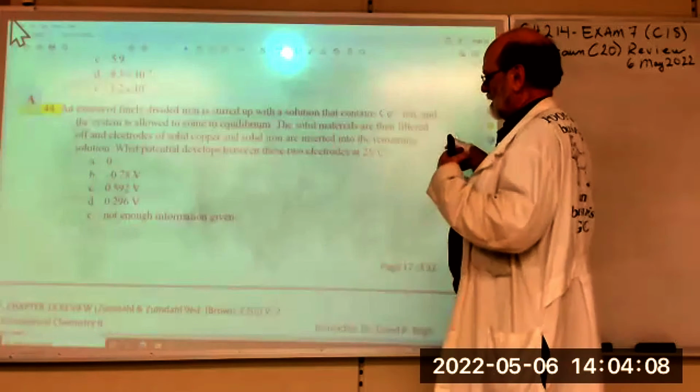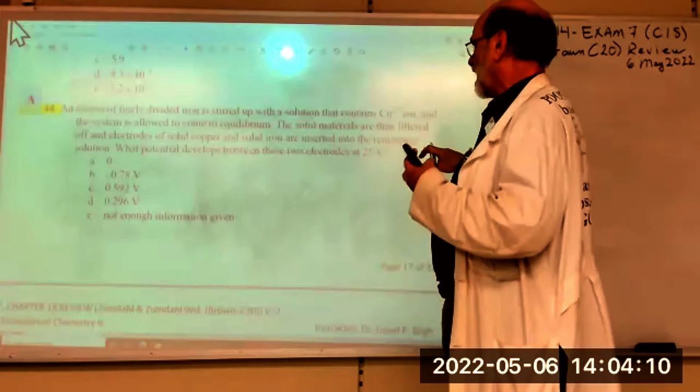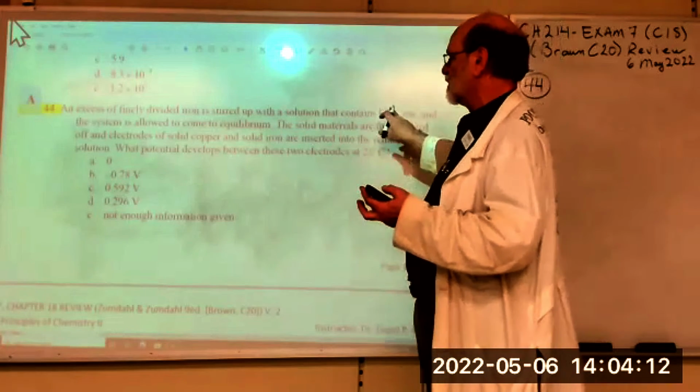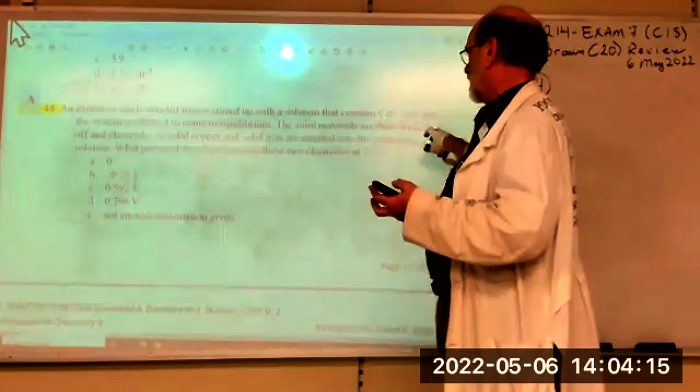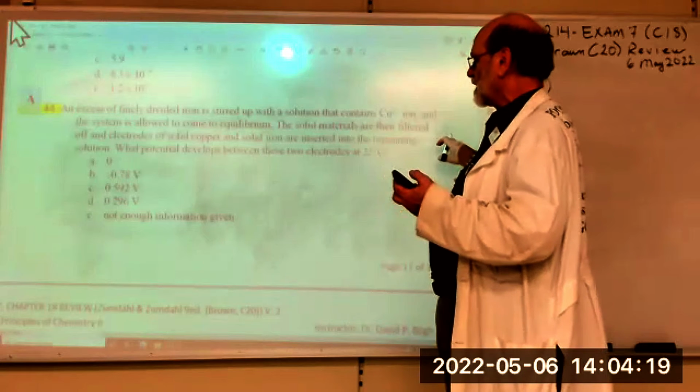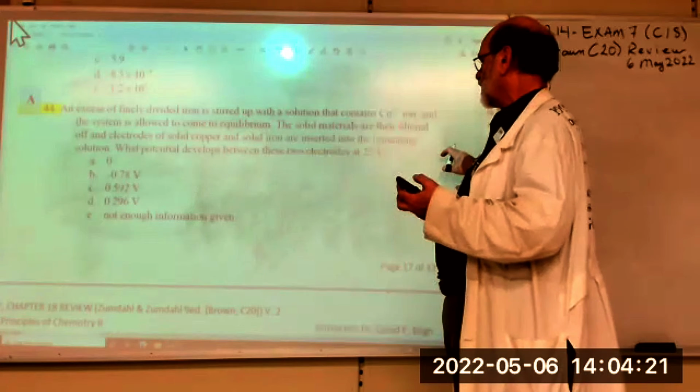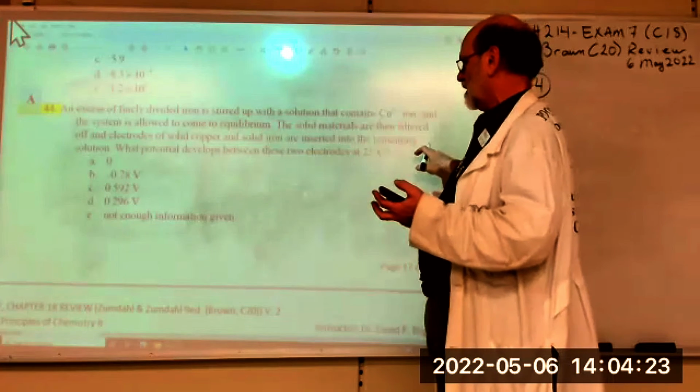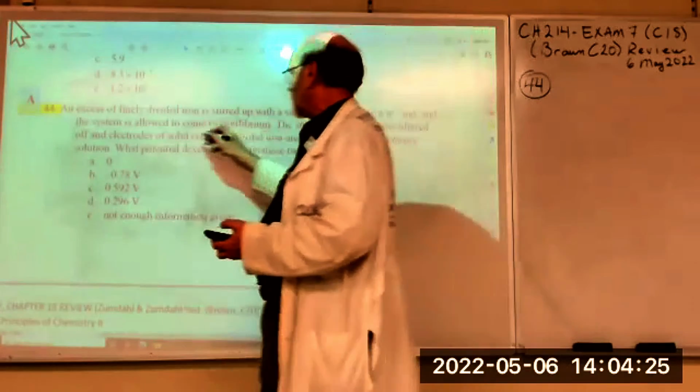So I'm assuming that iron is going to be oxidized and the copper is going to be reduced. The solid materials are then filtered off, and electrodes of solid copper and solid iron are inserted into the remaining solution. It's allowed to come to equilibrium.